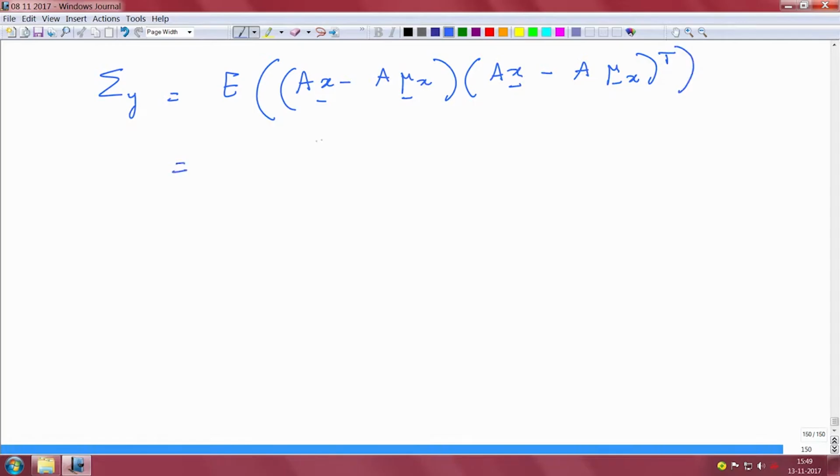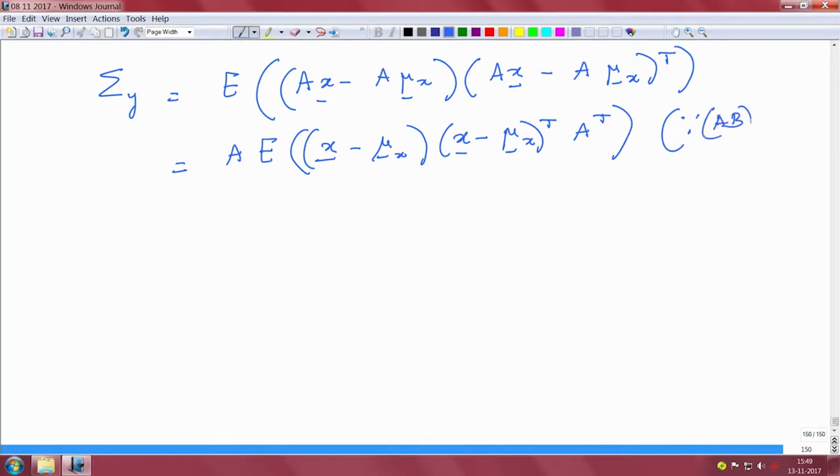Now, we can pull A outside here, expectation of (x minus mu x) times, this is A into (x minus mu x) transpose, the whole thing transpose. (AB) whole transpose is B transpose times A transpose, right, and we can write this as (x minus mu x) transpose times A transpose, okay, because (AB) transpose is B transpose A transpose, we apply this property.